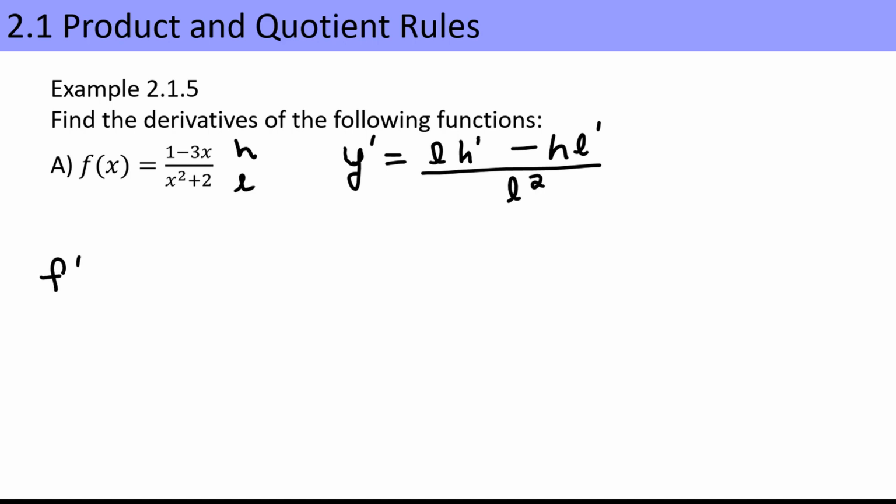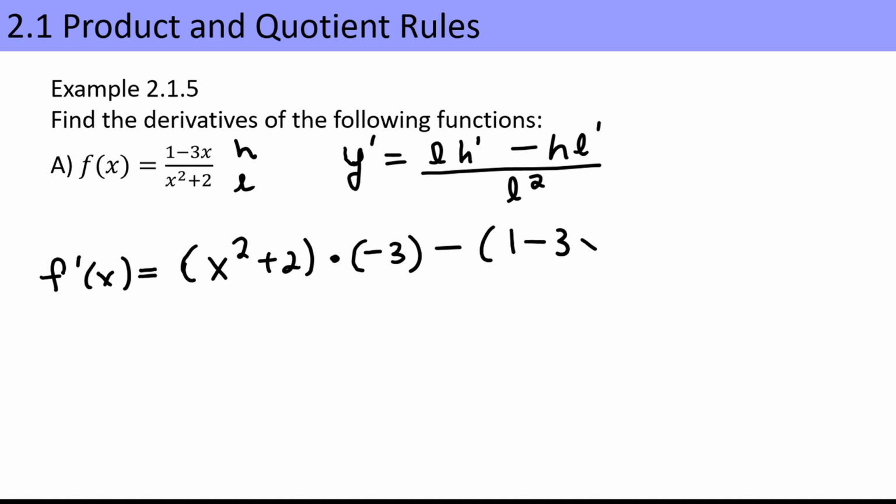So we'll have f prime of x is equal to the low function, which is x squared plus 2. We need to multiply it to the derivative of 1 minus 3x. The derivative of 1 is 0. The derivative of negative 3x is negative 3. Then minus, we'll write the high function, which is 1 minus 3x.